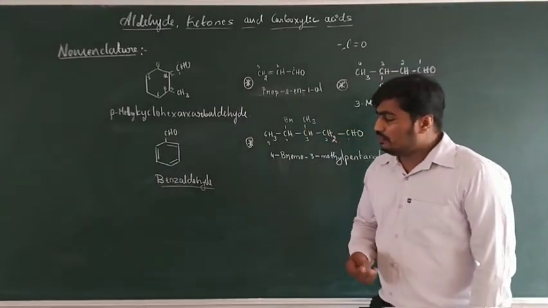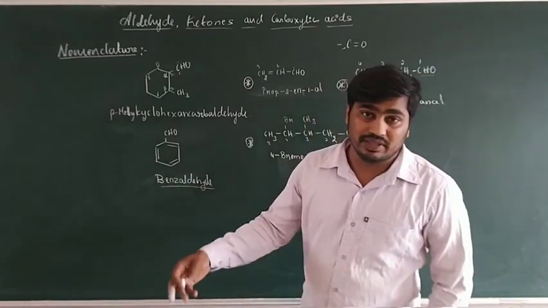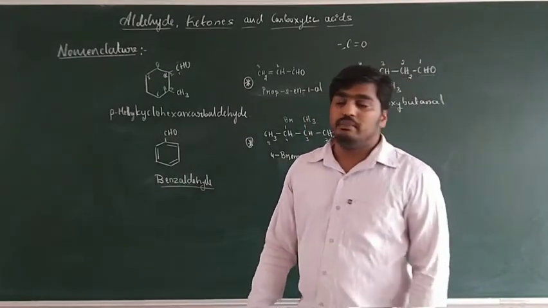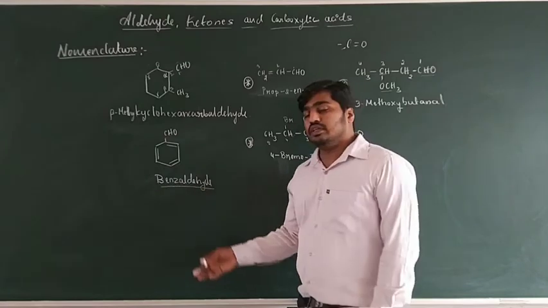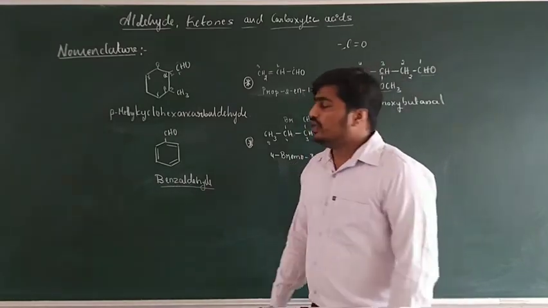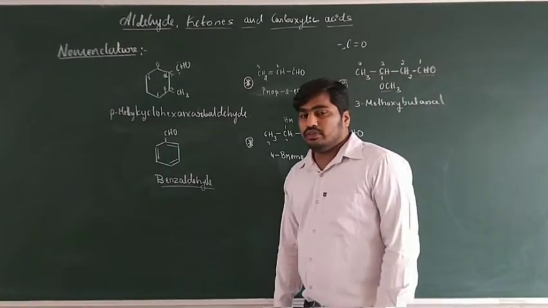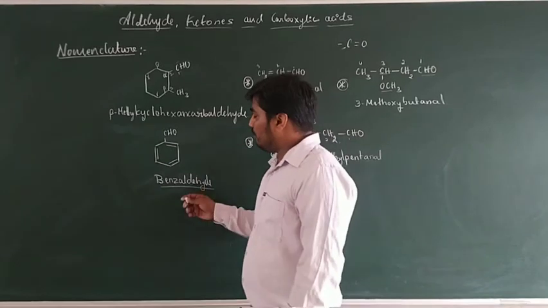The compounds derived from benzaldehyde are all suffixed as benzaldehyde. Benzaldehyde becomes the root word for the derivatives of benzaldehyde. So again, for the aromatic compounds, how to name the compounds?